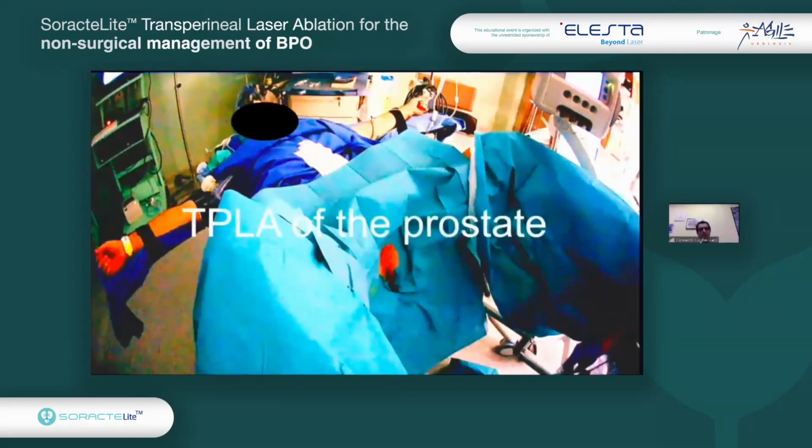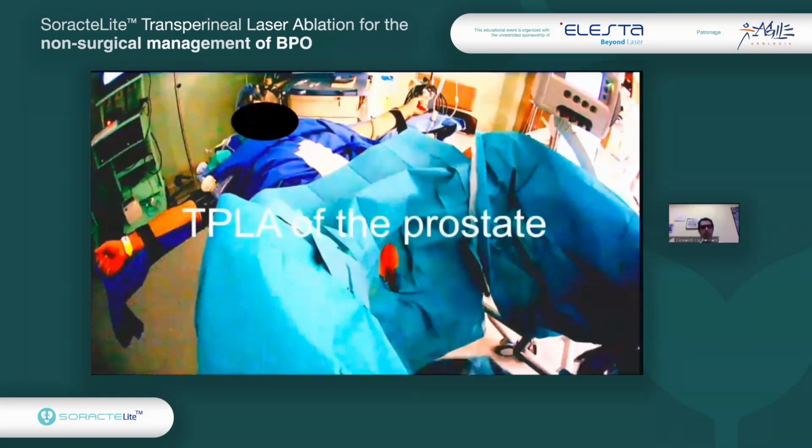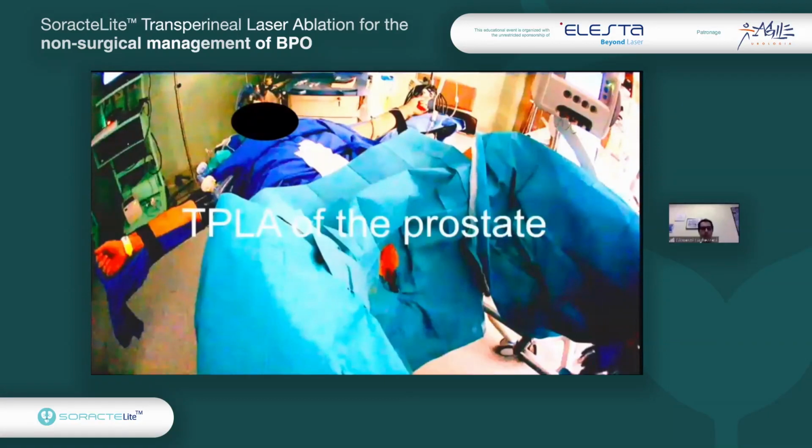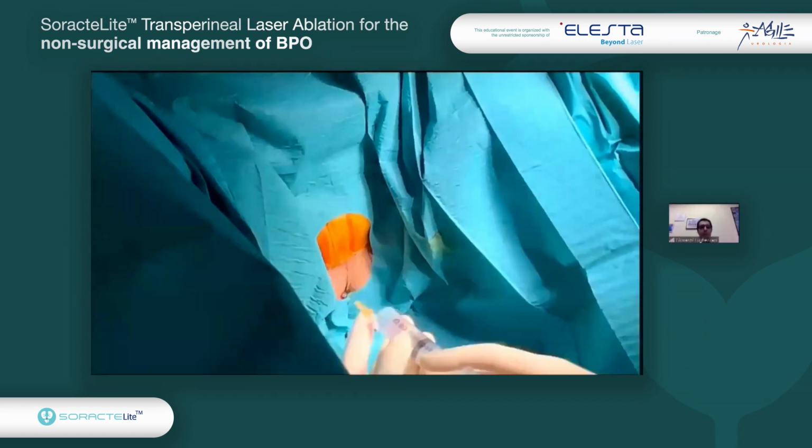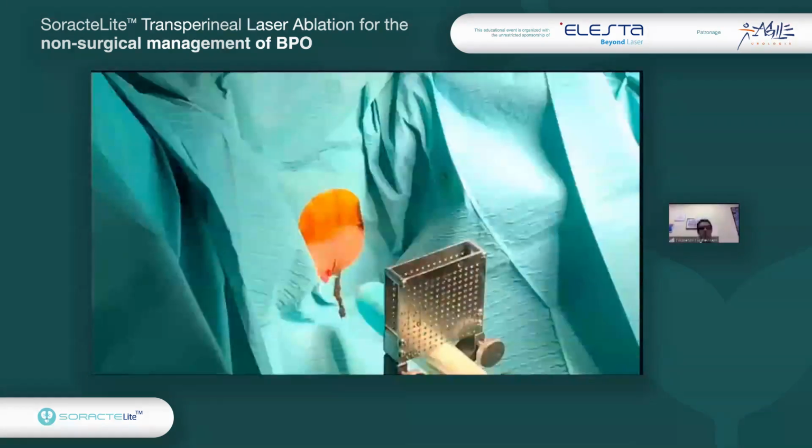The patient is placed in a lithotomy position. A 3-way catheter, as shown by Professor Bove, is placed before the treatment with continuous irrigation of saline solution. Then a perineal plane anesthesia is performed with lidocaine.